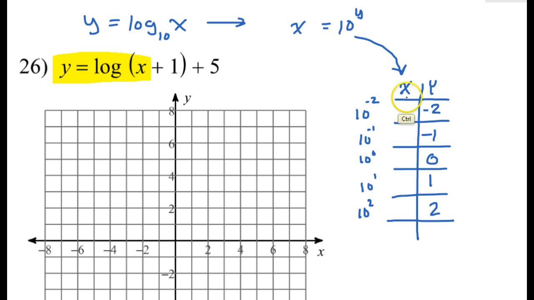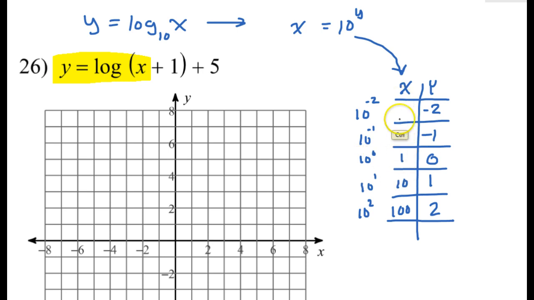I always like to start from the bottom because the positive exponents are easier to see automatically. 10 squared is 100, which clearly will be way off the chart, but it's still good to have it on this table. 10 to the 1 power is just going to be 10. Anything to the 0 power is 1.